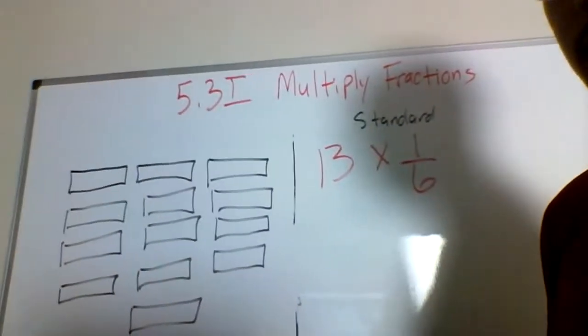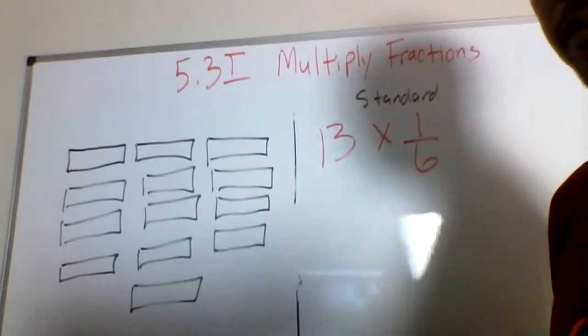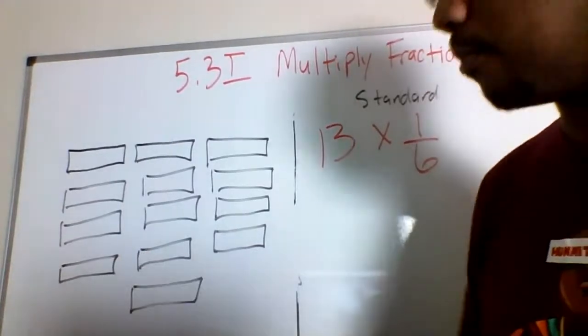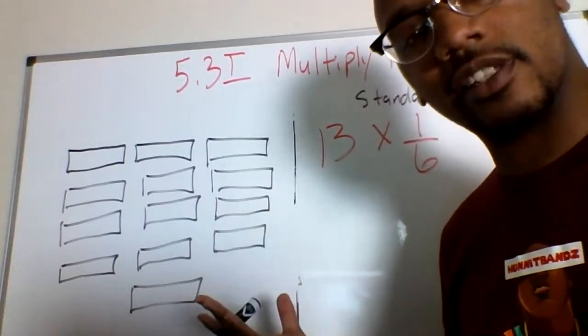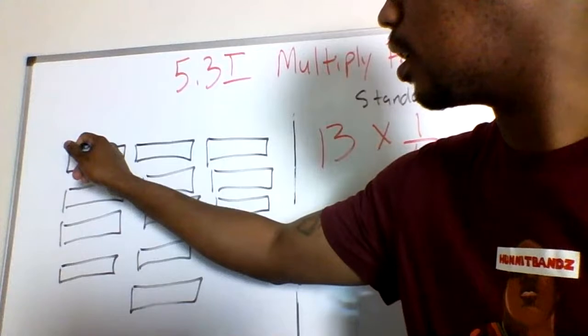All right. Now, in pictorial form, you would partition all of these into 6s, right?